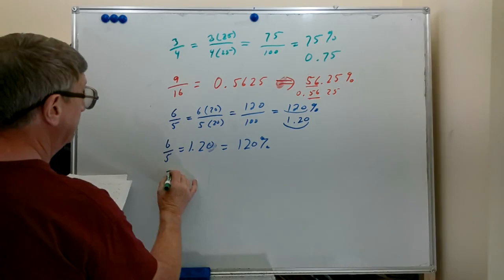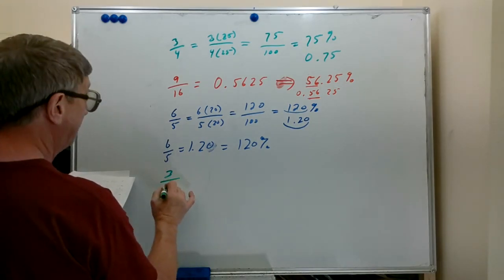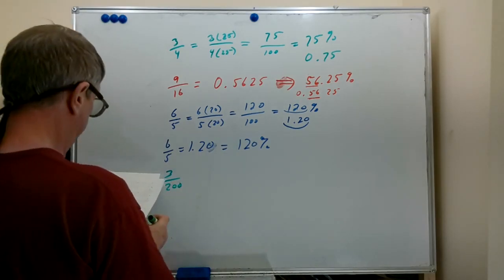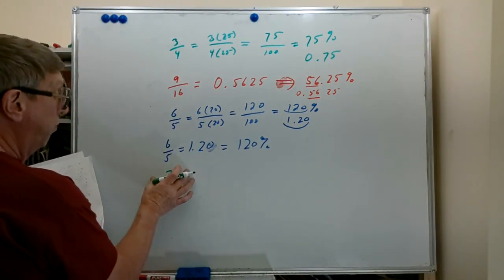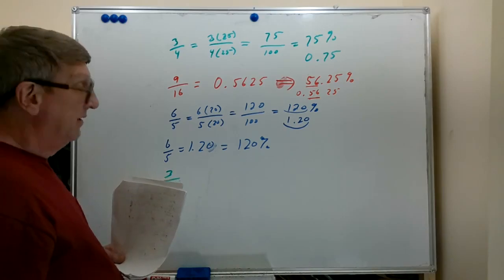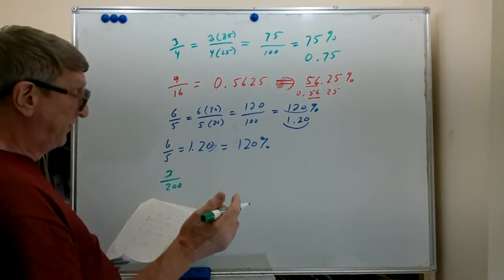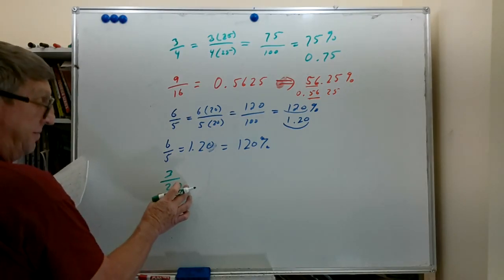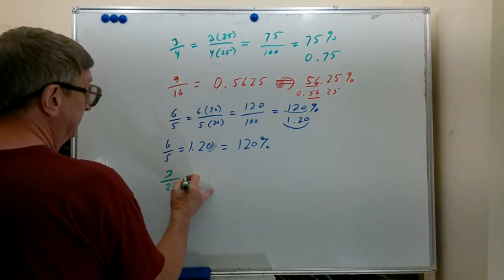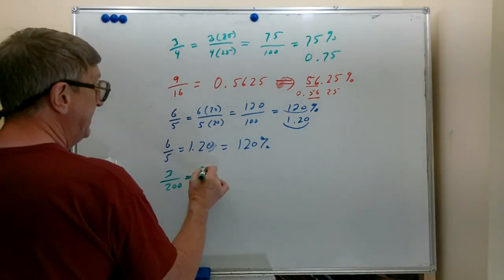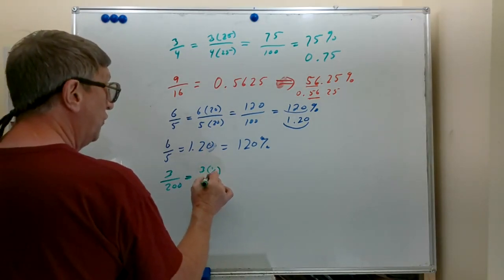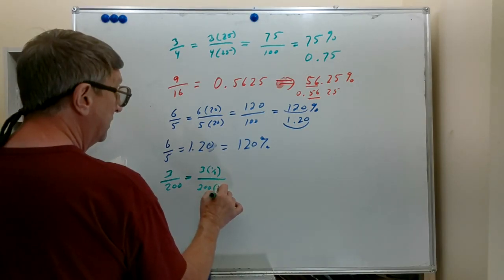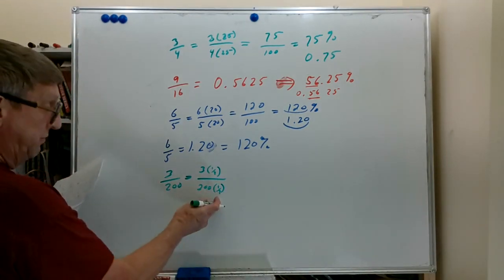3 over 200. There's a fraction. Okay, we want to figure out what this is in percent first. Well, we want a denominator of 100 for percent. So we can go 3 times 1/2 over 200 times 1/2. 1/2 times 200 will equal 100.